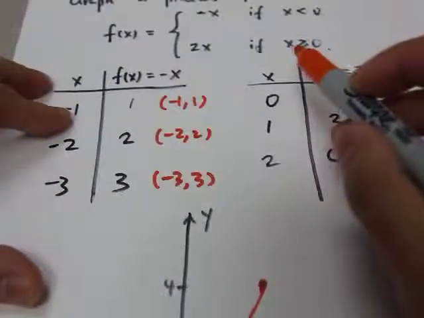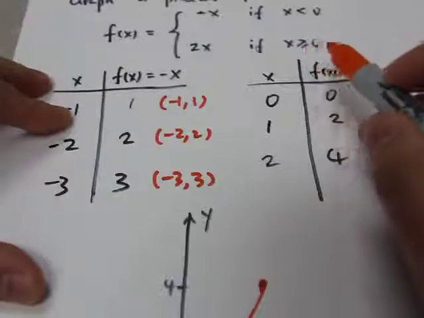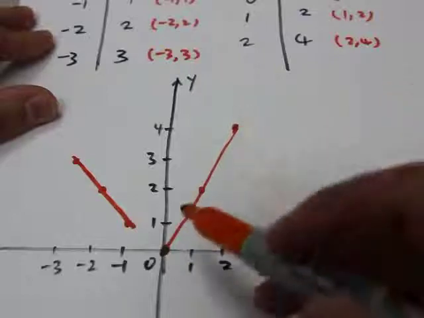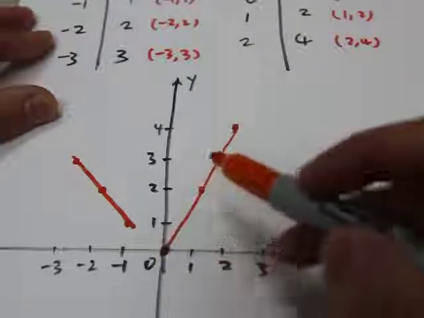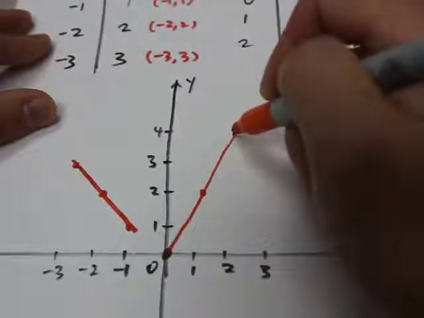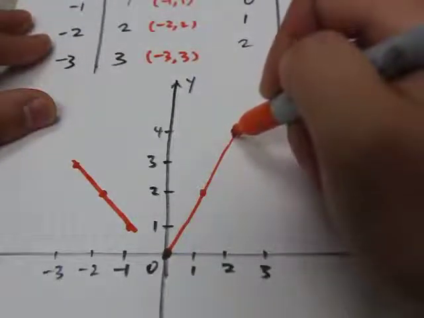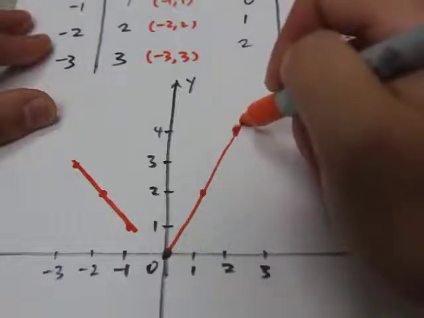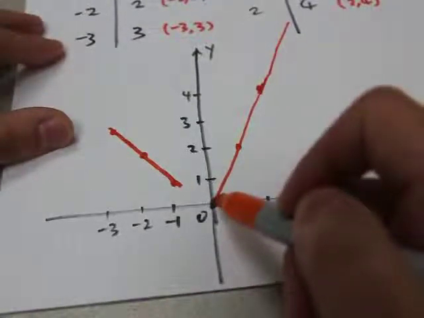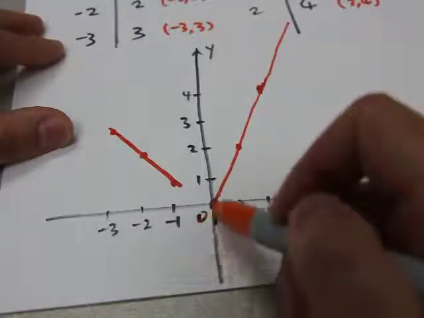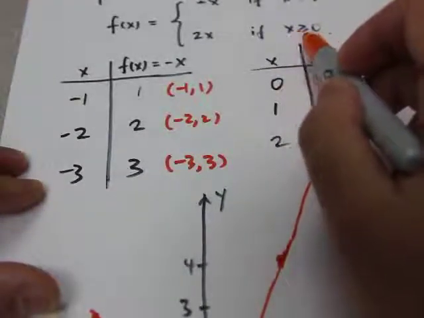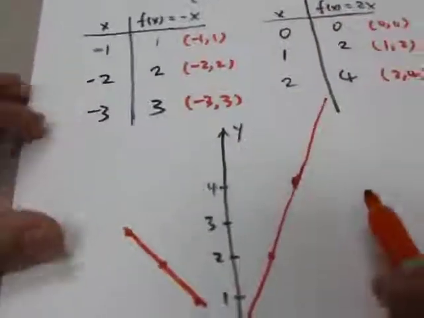Since x can be any positive number, according to this segment, I can see as x is getting bigger and bigger, I can extend this side. So this side will go up. However, I cannot extend from here because we're given that x has to be greater than or equal to 0.